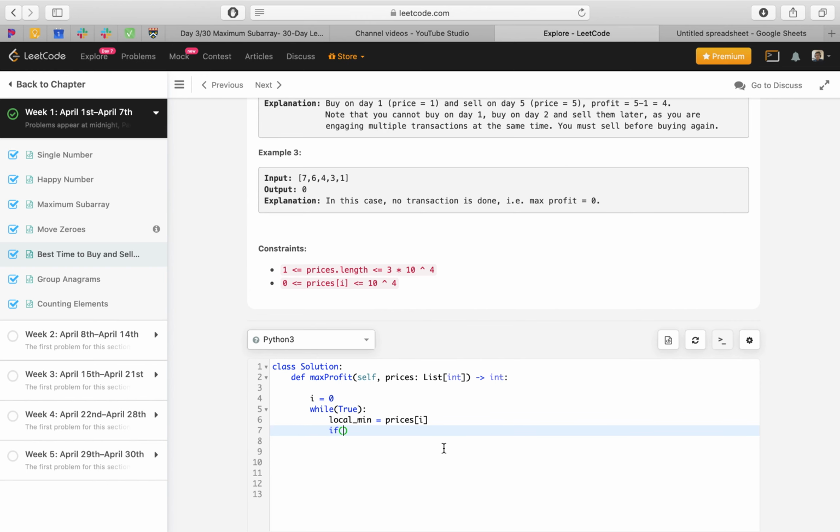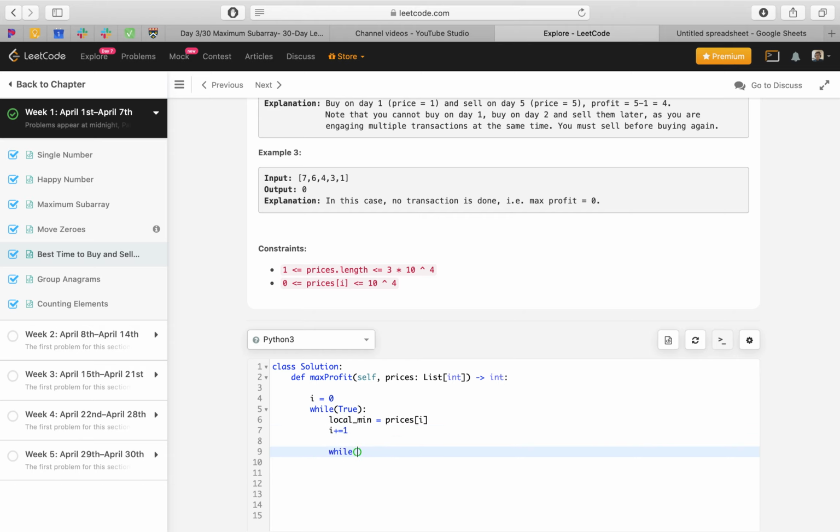So what we want to do is, while we keep traversing to find our local min, right? We want to find a point where it starts jumping. So we can do i plus 1 here.